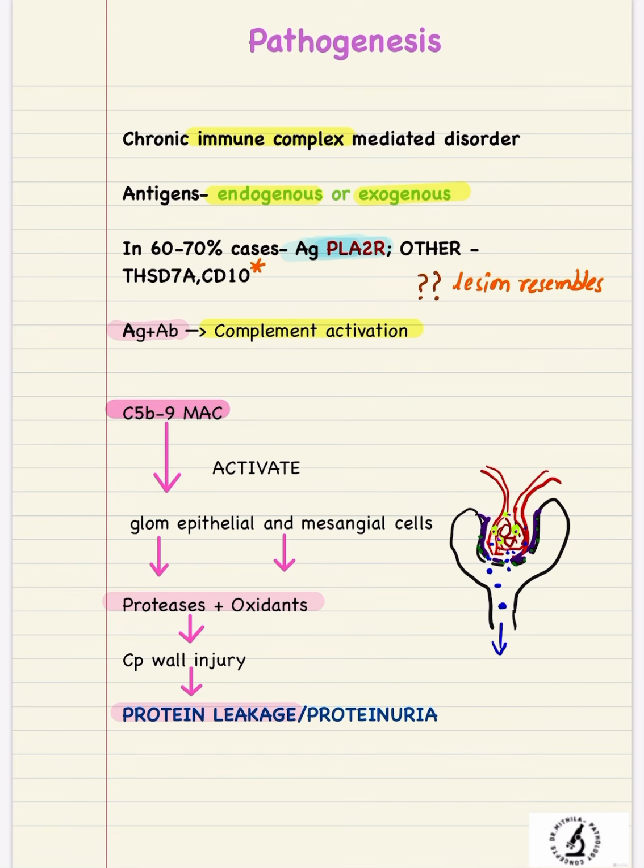In that experimental Heymann nephritis, antibodies were induced against the megalin antigen. Again, this can be asked in the MCQ. So primary membranous nephropathy is akin to this Heymann nephritis model.